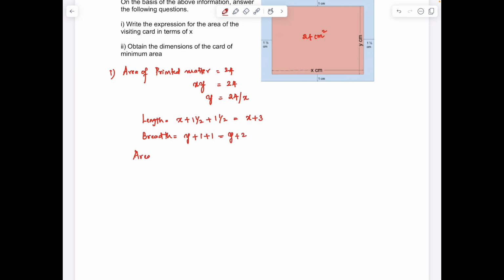So area of the visiting card is length into breadth, which is x plus 3 times y plus 2.